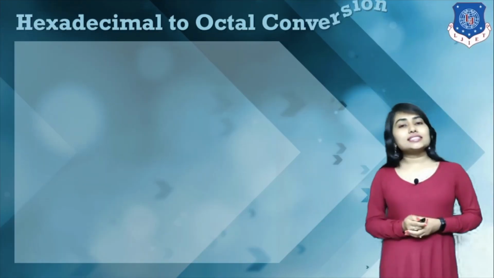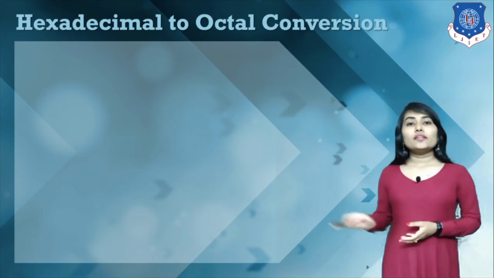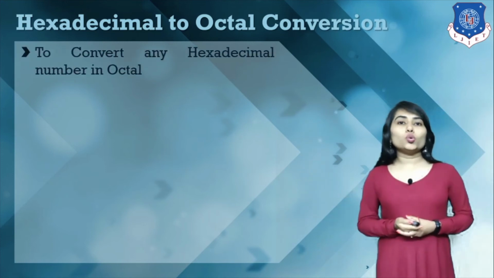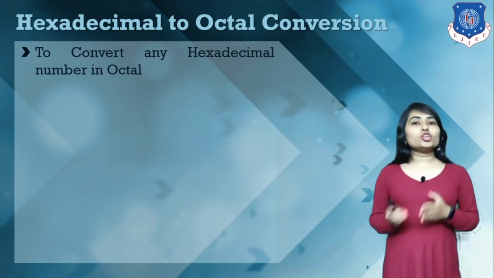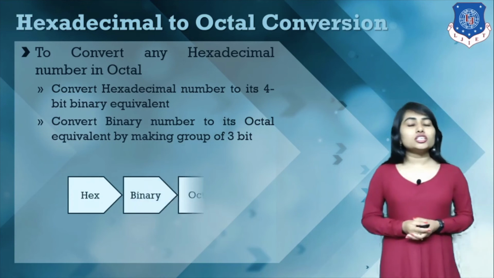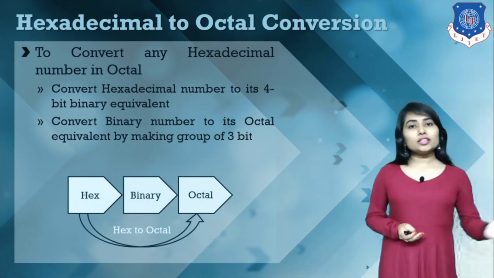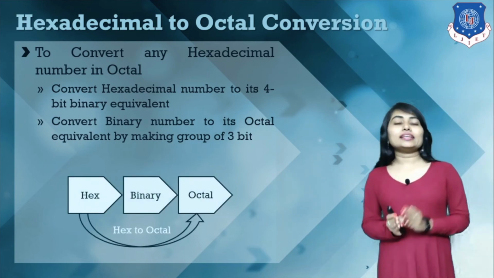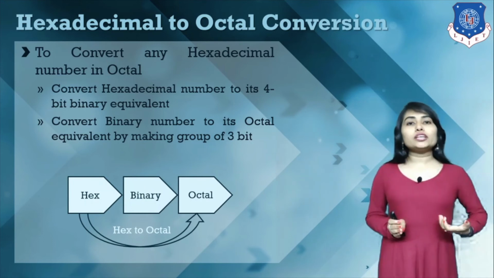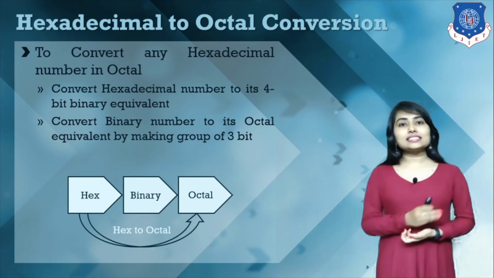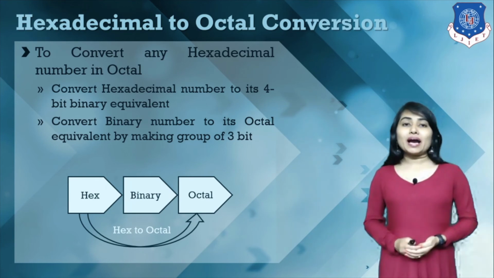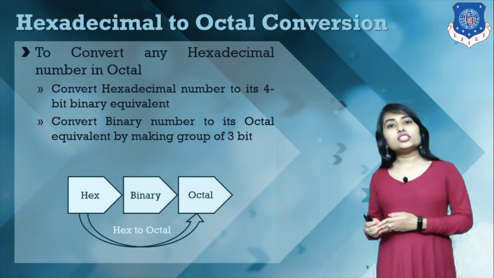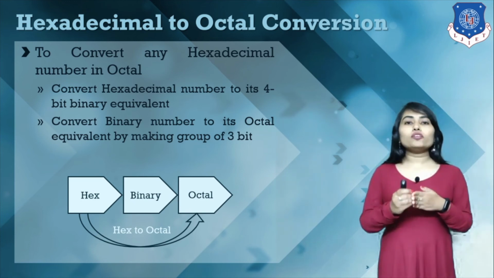Now let's discuss how we can convert hexadecimal to octal. Again, there is no direct method to convert a hex number into octal. So to convert a hex number into octal, we have to follow this: the hexadecimal number is first converted into binary by writing the 4-bit equivalent for each hex digit. Then make groups of 3 bits of the binary and write an octal digit for each group of 3 bits.